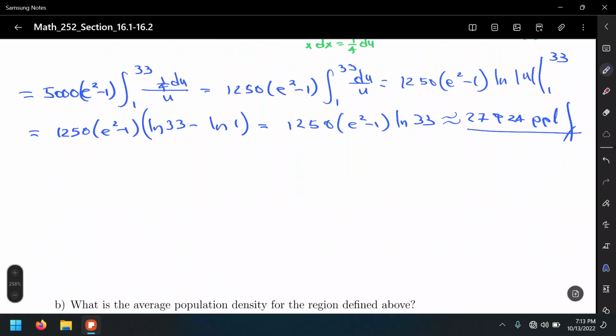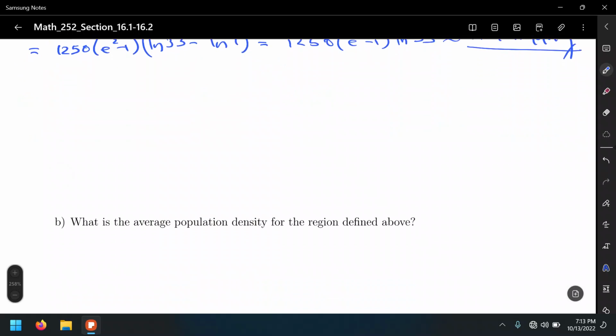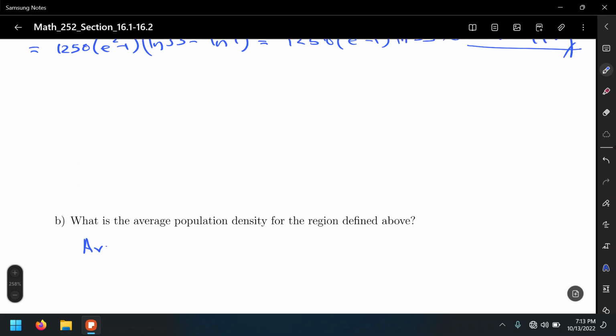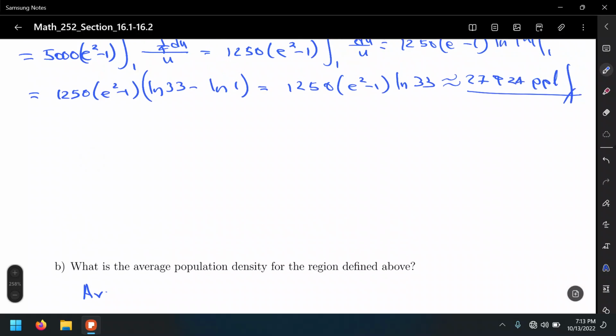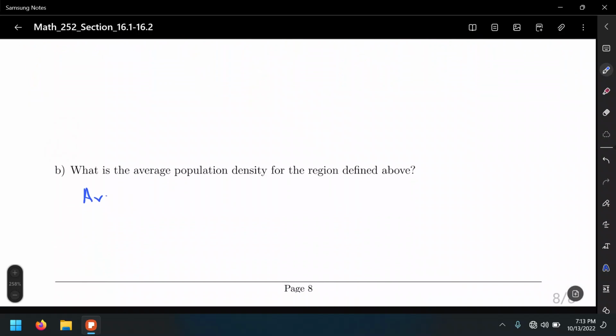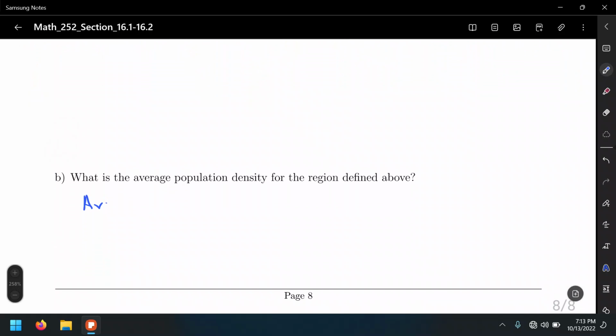All right. So what's the average population? Well, so the average, yes. So what's the average population density for the region defined above?